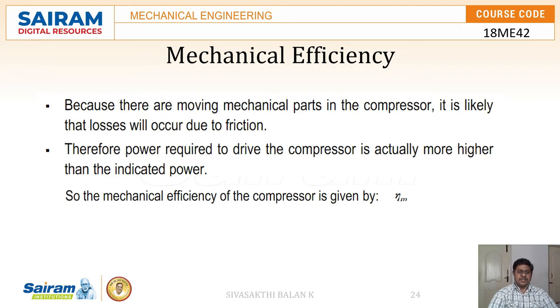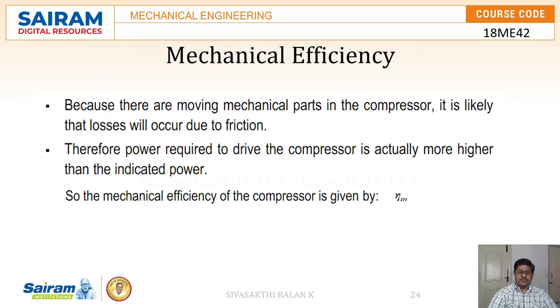Everyone knows that mechanical efficiency is nothing but the ratio of output by the input. In general, since there are plenty of moving mechanical parts incorporated in the compressor, due to the movement and working, they start to wear because of mechanical vibration.